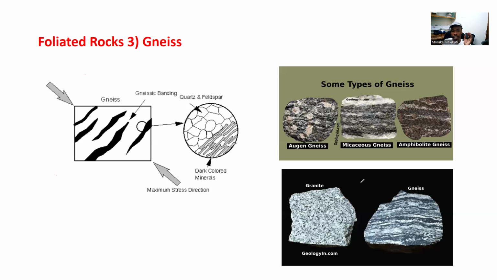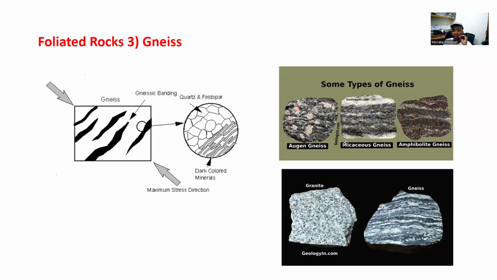they will recrystallize and form what you call a lens shape or eye-shaped augen. That is what you call the elongated lenticular porphyroblast that is rich in feldspar, which is a typical characteristic of the augen gneiss.